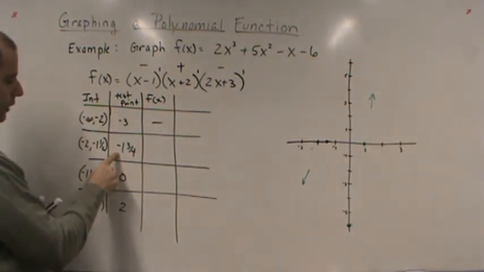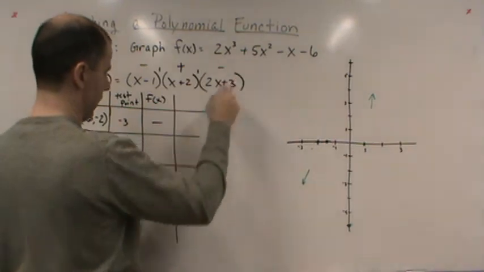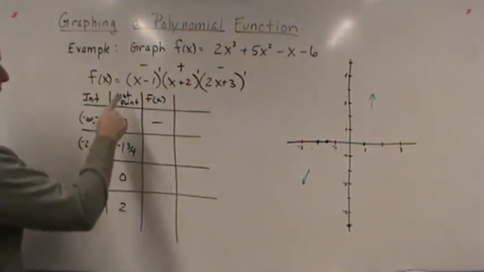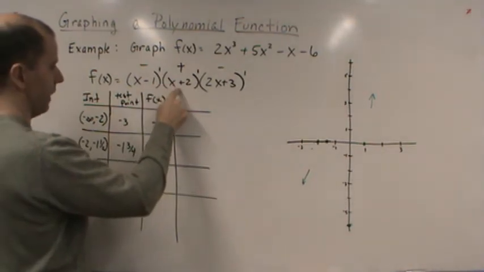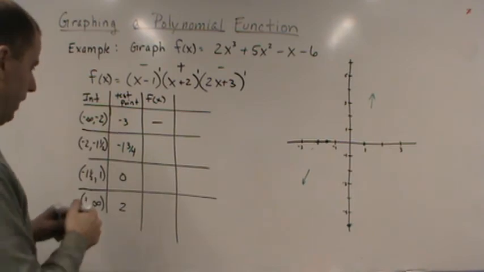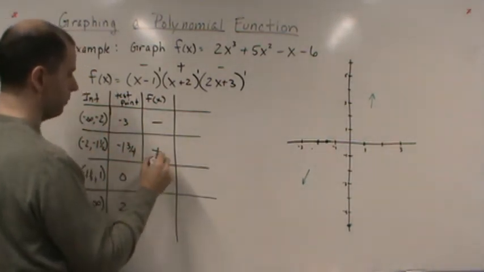So this will be negative 3.5, so this is going to be negative. If I do it again, negative times positive is negative, times negative is positive, so that means I'm going to be above the graph. So this is going to be positive.